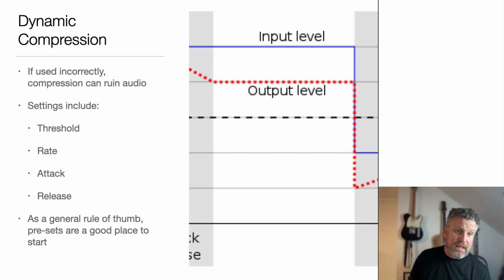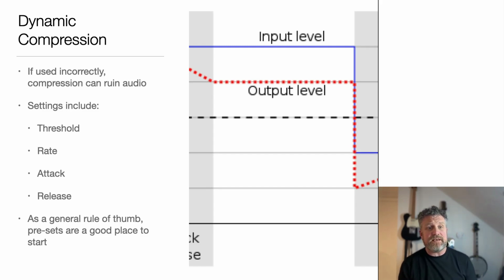That sounds quite nice, and compression can help to smooth out the sound. The settings on a compression plugin can appear confusing if you're not used to it. There's values like threshold, ratio, attack, release. They refer to how fast the compression is applied and to what extent it reshapes the sound. It's not a magic bullet, but it can help you smooth out those sounds.